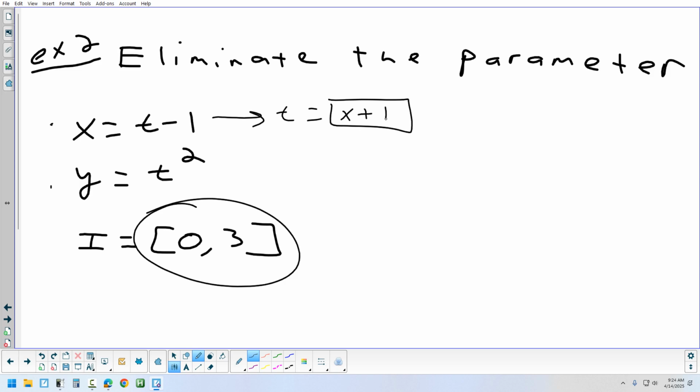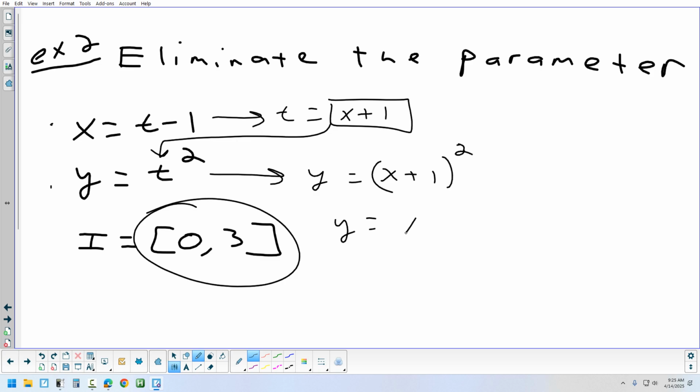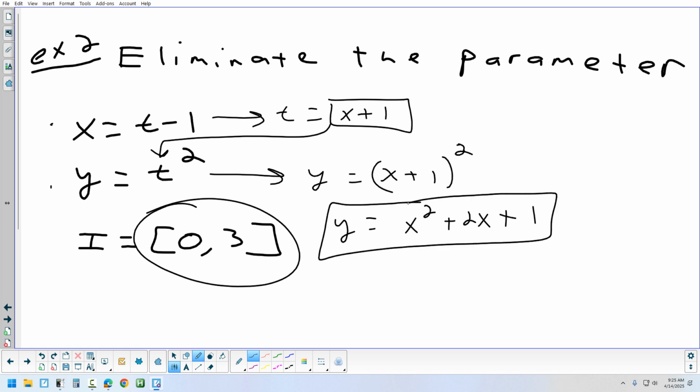Right, we're going to fill this in. If you want to do that out, that's a binomial, right? So if you change that, you get y equals x plus 1 squared. Or if you want to do it out, x squared plus 2x plus 1. Whether you do it out or not, unless the directions say, I don't care about that part.